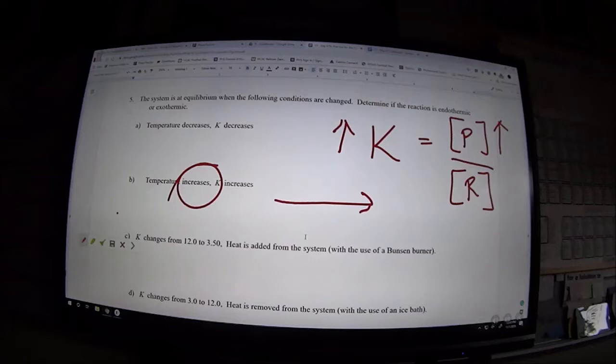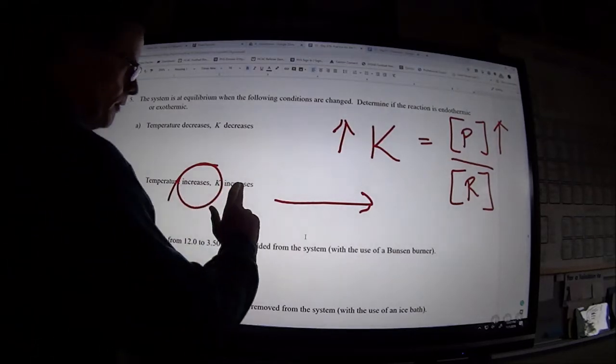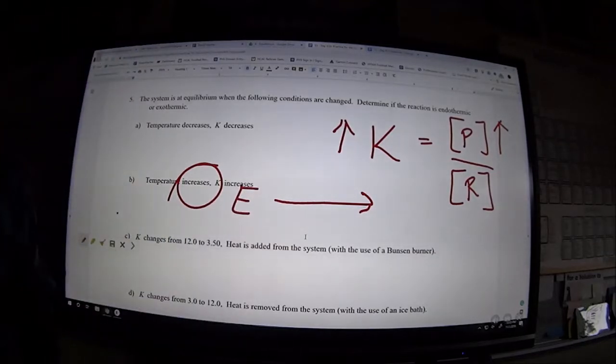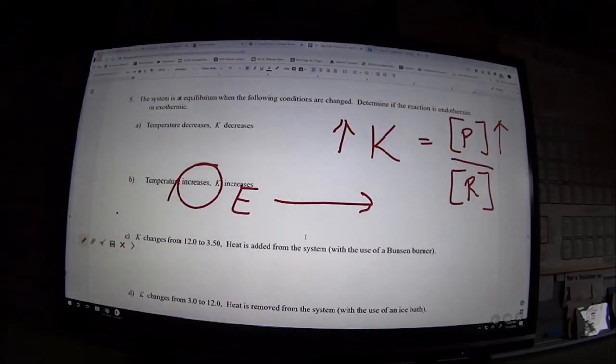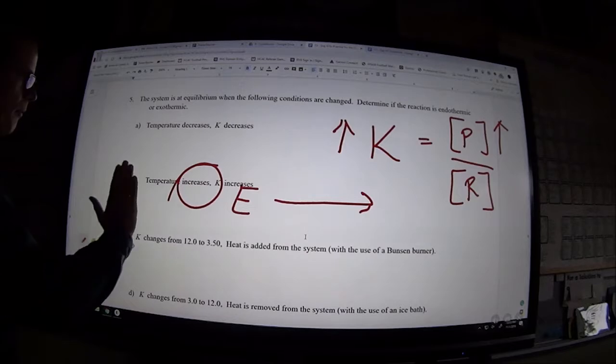So that means we're adding or removing? We're adding. So it's going to be on the left. On the left again? Yeah. Good. So it's endothermic. And if you could remember, shift away from the addition, shift toward the removal. Don't worry about which way the arrow's pointing. Just keep that statement in your head. Okay?